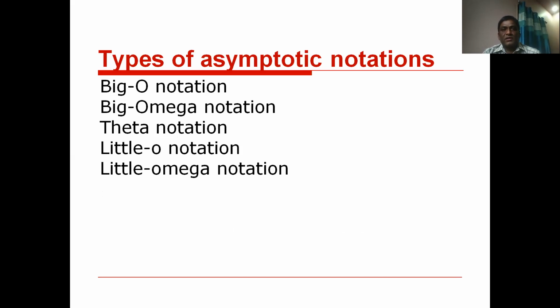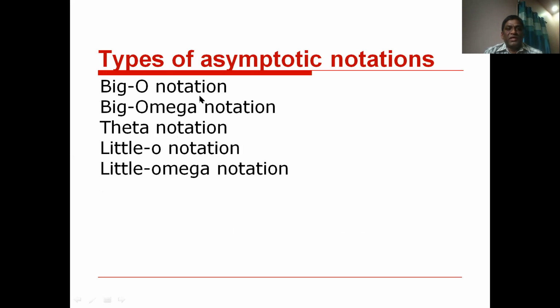Now, if you look at the types of asymptotic notations, they are classified into 5 categories. Among these 5, only 3 are popularly used. The remaining 2 are not actually used that way, but we will discuss all these 5 notations now.